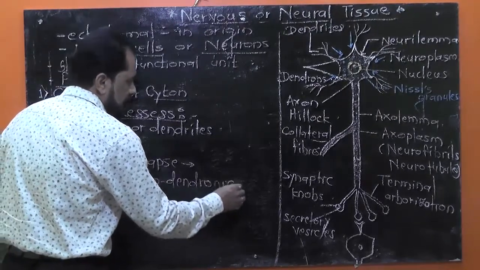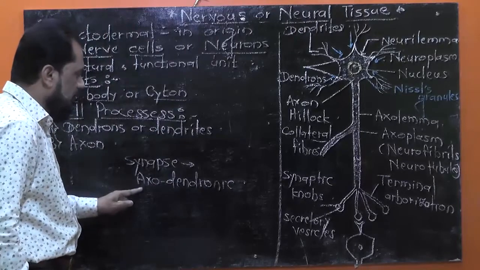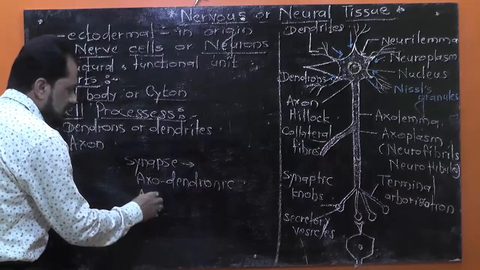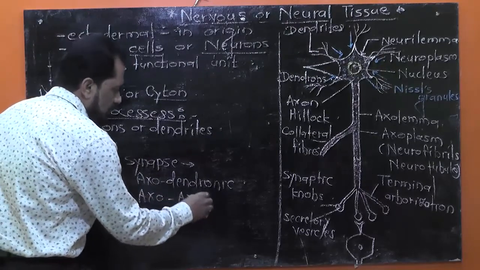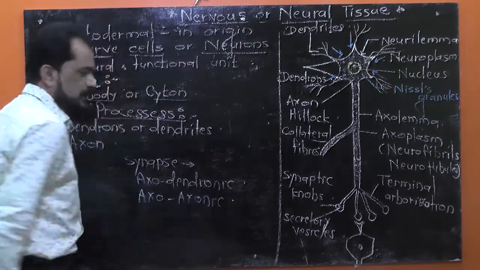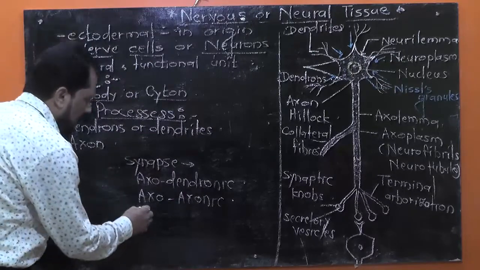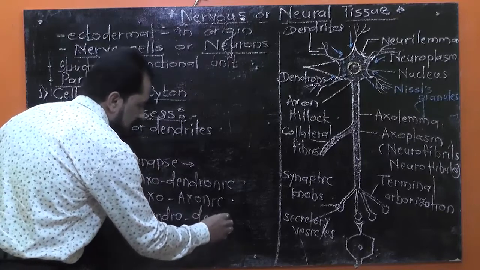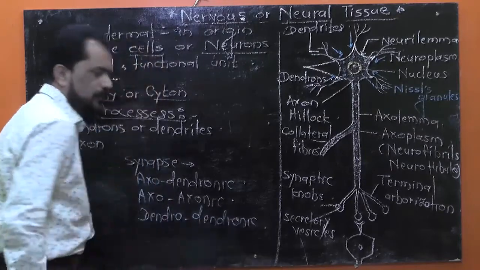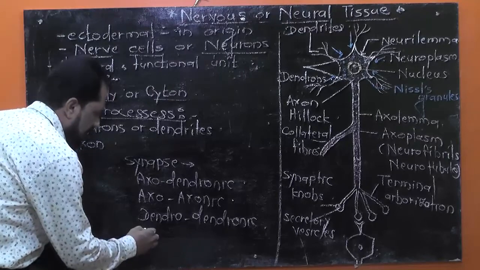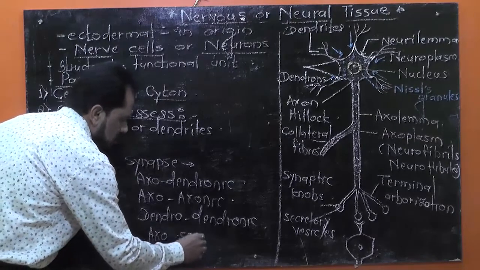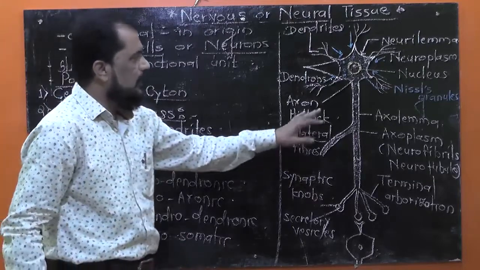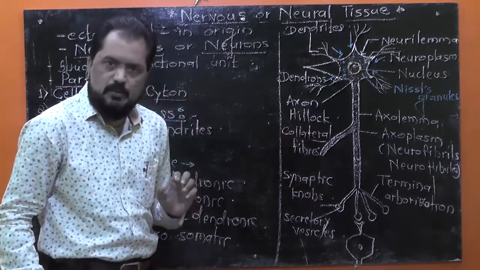It means the junction between the axon of one neuron and the dendron of another neuron, or sometimes it is axo-axonic, that is the axons of two neurons, or maybe simply dendrodendronic, that is the dendrons of two neurons, or it may be axosomatic. It means the axon of one neuron and the cell body of another neuron.